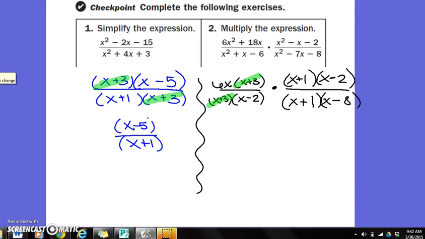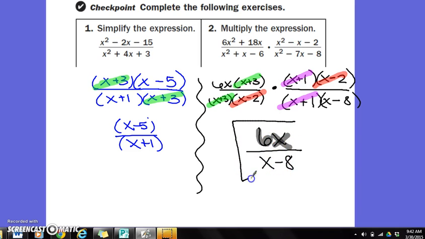Then x plus 1 in the numerator, x plus 1 in the denominator. Then x minus 2 in the numerator and x minus 2 in the denominator, leaving you with 6x over x minus 8. Again, because this 8 is being subtracted, it cannot reduce. This is your answer, most simplified form.